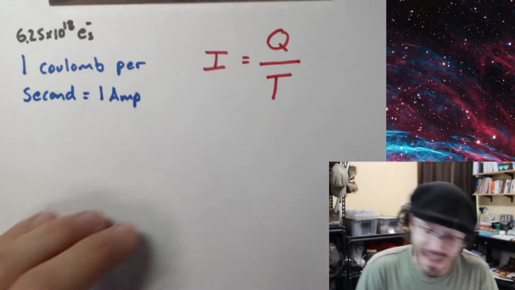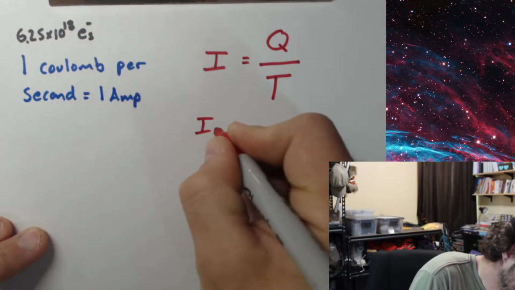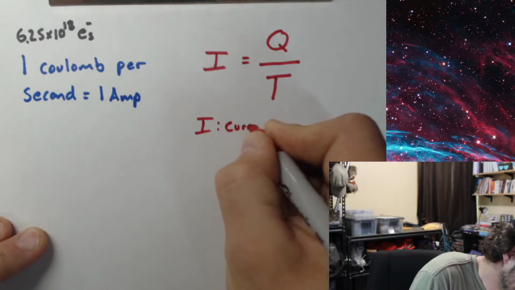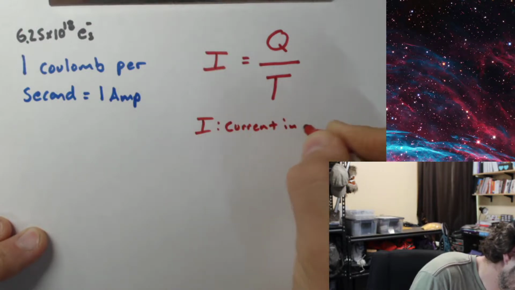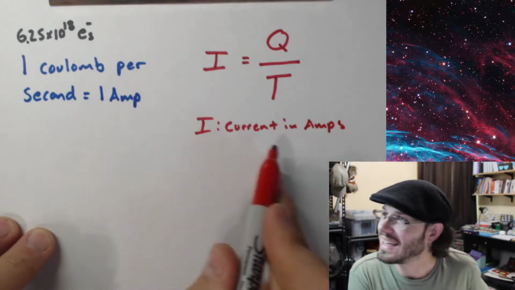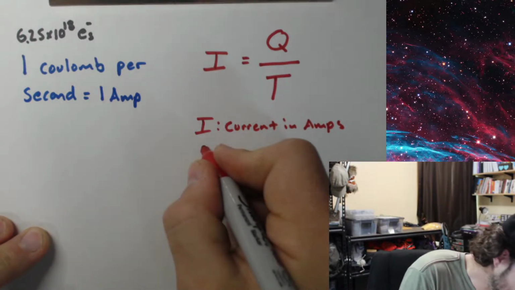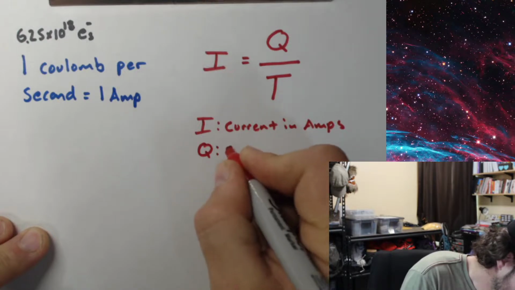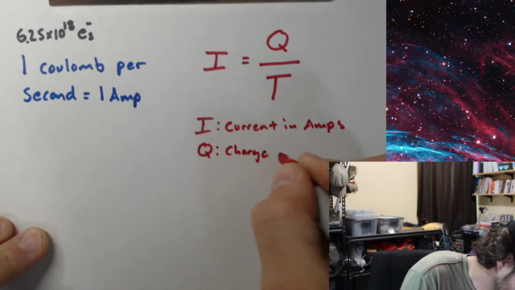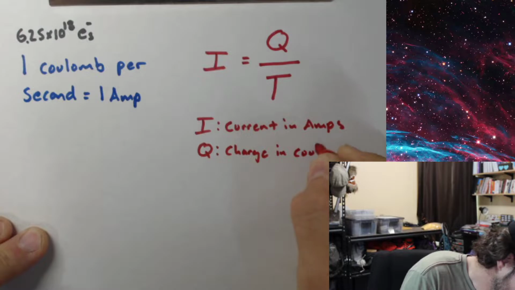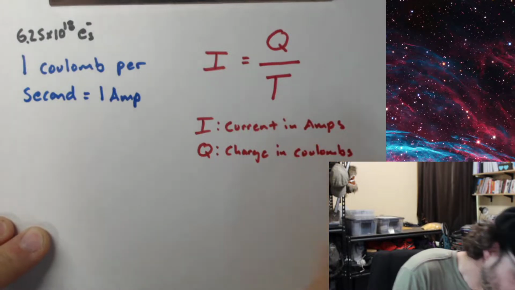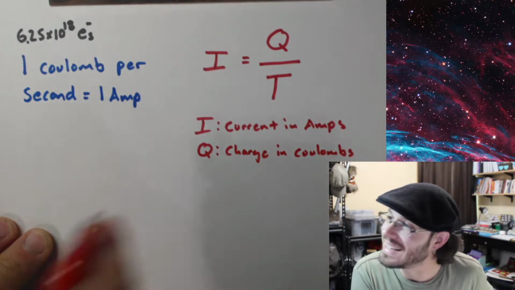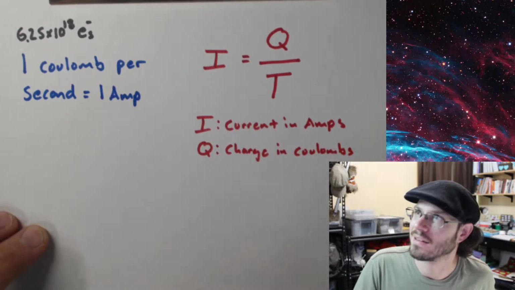Actually, let me start with I. So current in amps, Q charge in coulombs, and T, time in seconds.